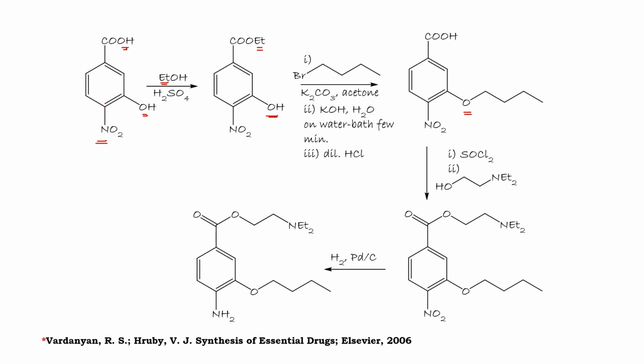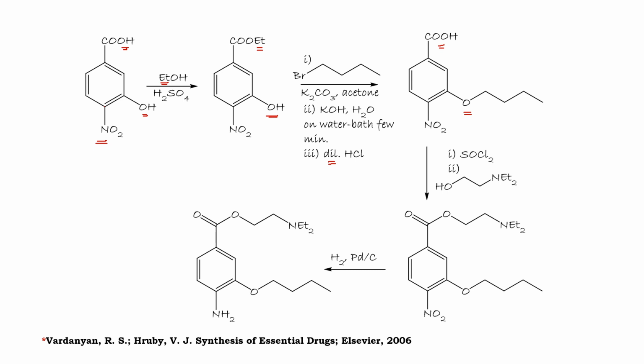So we reacted with potassium carbonate and butyl bromide, followed by potassium hydroxide water to return back the ester to the carboxyl group, and at the end we add dilute HCl for free acid.